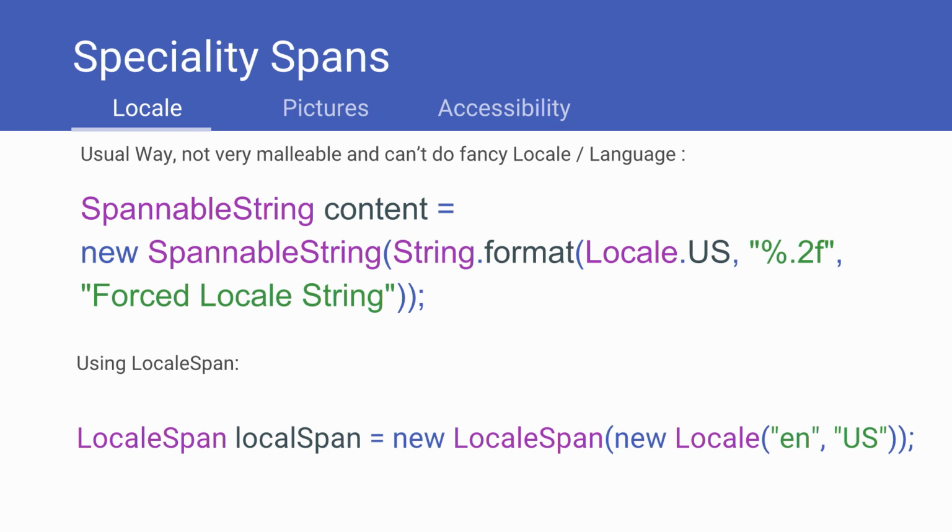I want to give it the locale US, and I want to say force locale string, right? But that's not so useful when I maybe want to have multiple language support, or if I want to have, say, a brand name. The user wants to have the application show them things in Spanish. But their brand name for this particular thing that you're selling, say you have a retail app, they are in the US.